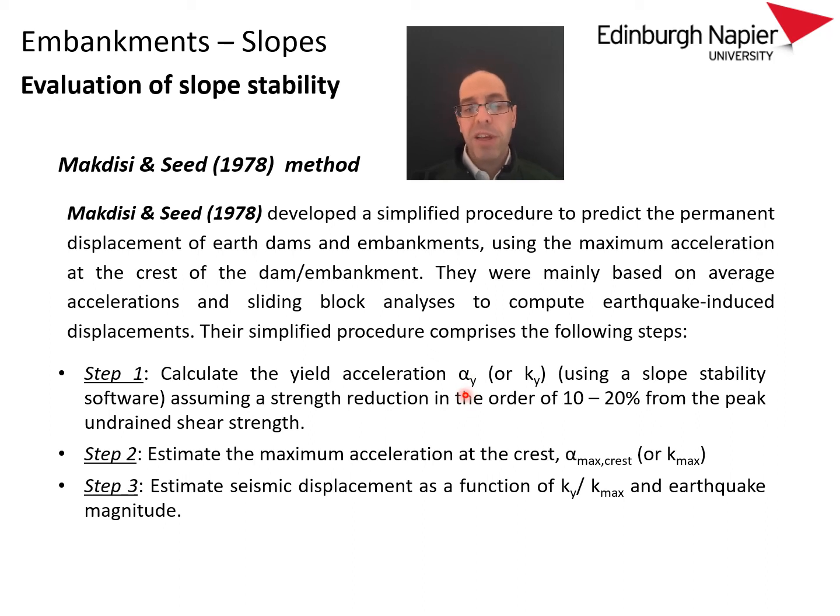As a second step, they estimate the maximum acceleration at the crest, and then they estimate the seismic displacement as a function of the yield acceleration and the maximum acceleration, as well as the earthquake magnitude.